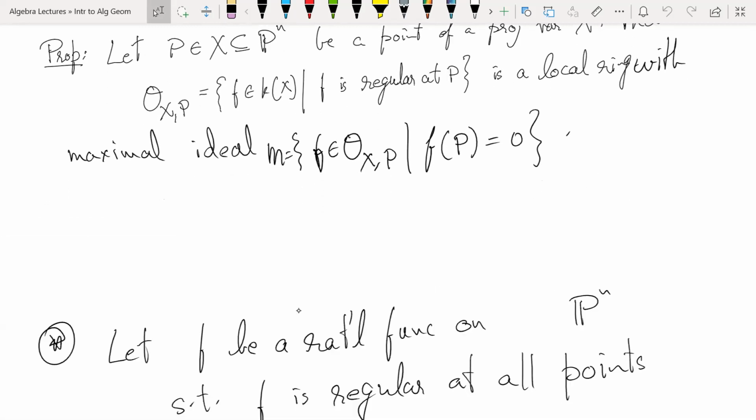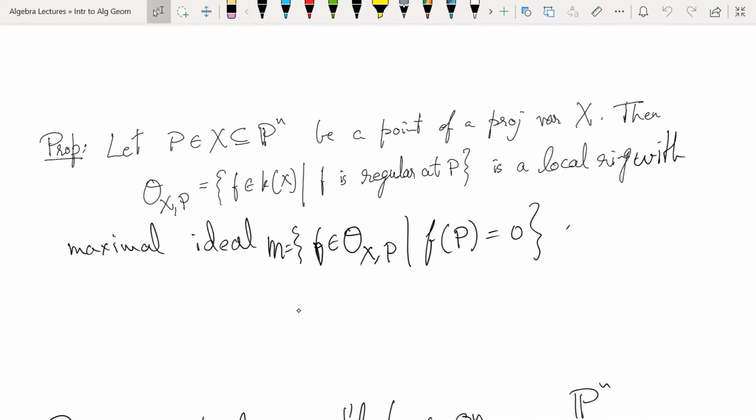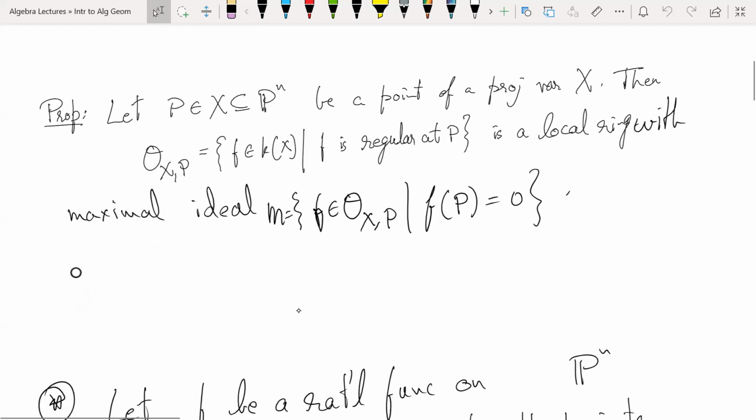And this proof is essentially the same as in the affine case. So you first show that this set is indeed a subring of the field of rational functions, and then you show that anything which you take outside M is invertible. Also observe that M is indeed an ideal. So that proves that this has to be a local ring with maximal ideal M.